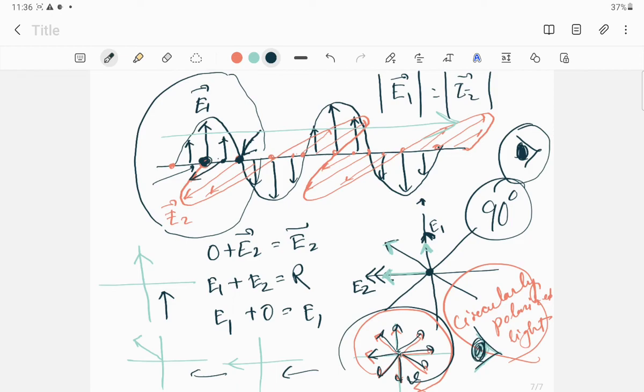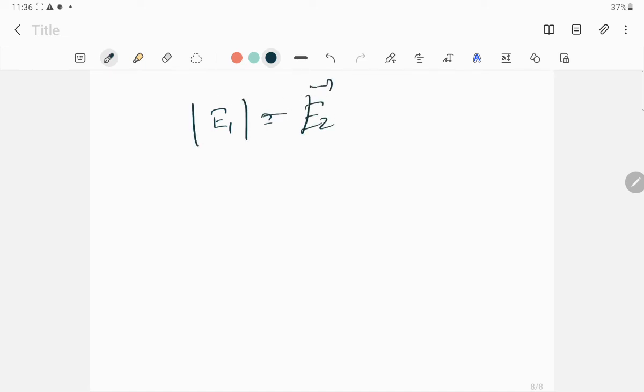A similar concept can be applied for elliptically polarized light. The same theory applies, but there the amplitudes of the two incident light waves are not equal, so it will be slightly different.